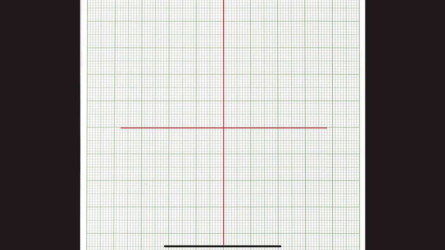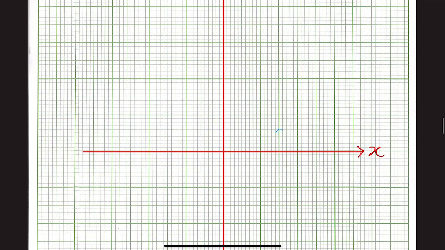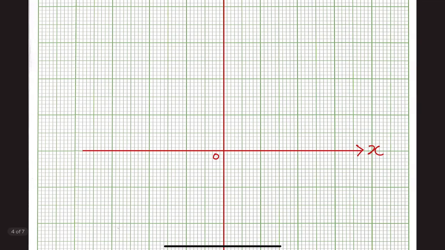After I've drawn this, now I can label my graph. First step, once you draw an axis, label your x and y axes first. Now I've done that, I label the origin, where we know the value is 0, 0. This is the middle of your two axes. Then we follow the scale.